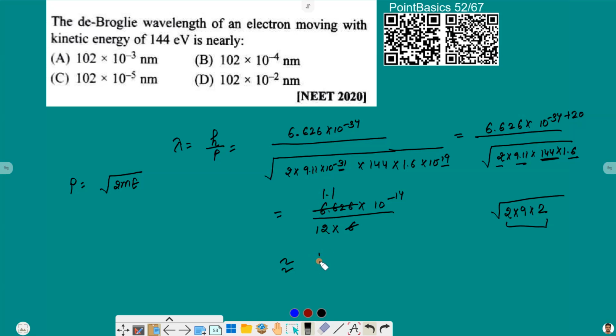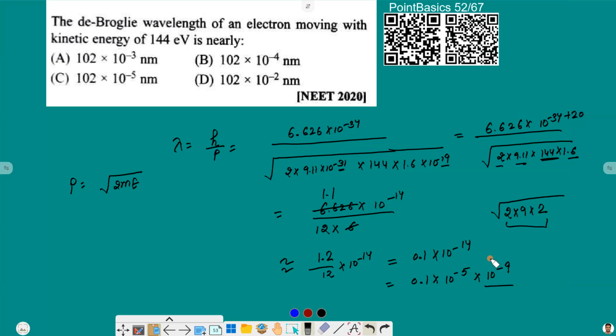So I write it as 1.2 divided by 12 into 10 to the power minus 14, and this will give us 0.1 into 10 to the power minus 14. I can write it as 0.1 into 10 raised to power minus 5 into 10 raised to power minus 9. So this will be in nanometer.